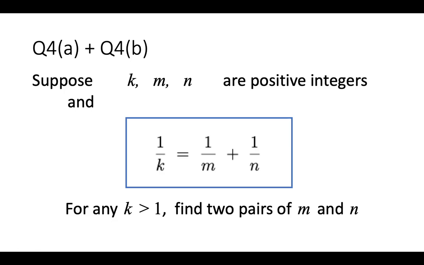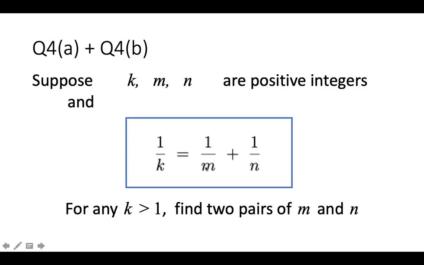The other case is a bit tricky, but you can just use trial and error. So first of all, we know that these two values have to be greater than k, right? Because they add up to 1 over k, so neither of them could be less than or equal to k. But what we can try here is, let's try m to be the smallest number that is greater than k. So what is it? It is k plus 1.